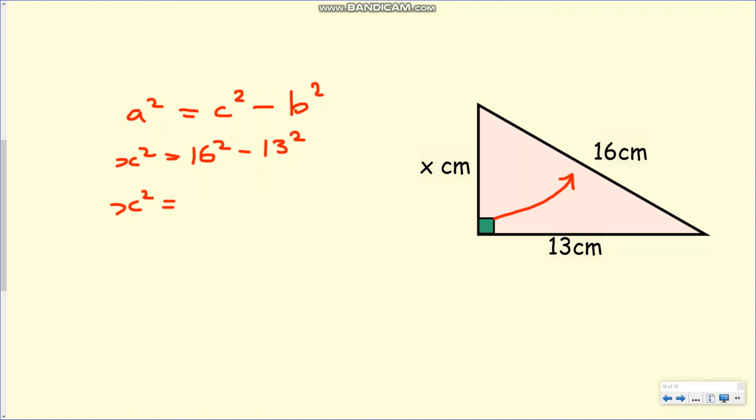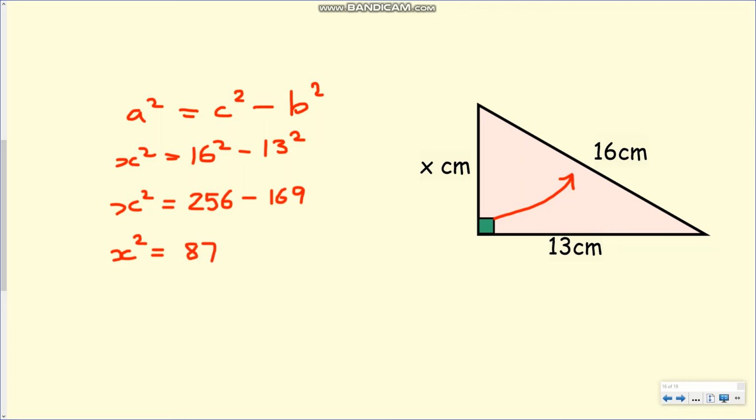Sixteen squared is 256. Remember, that's 16 times 16. 13 squared is 169. If I'm taking away those two numbers, 256 take away 169 is equal to 87.